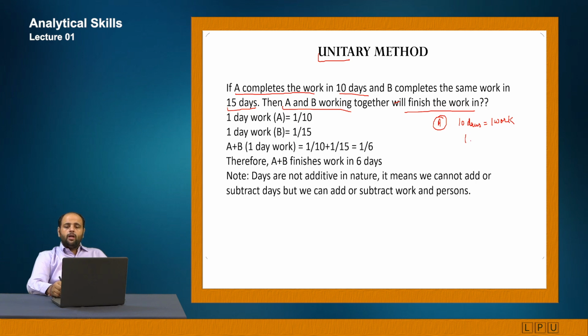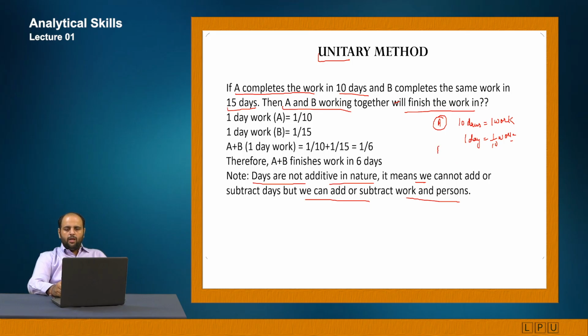What will be the 1 day work? The 1 day work will be 1 upon 10 of the work. As you can see, there is a note that days are not directly additive in nature. It means we cannot add or subtract days, but we can add or subtract work or persons. So the 1 day work should be added, and similarly the 1 day work for B is to be calculated.